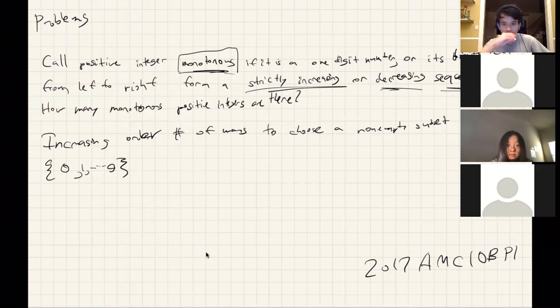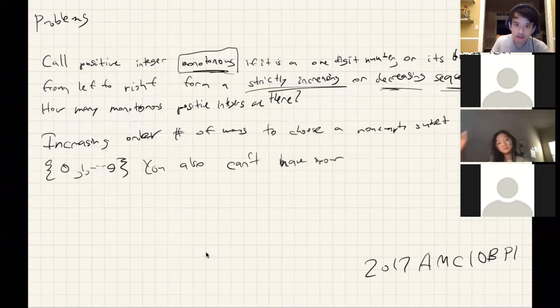So if you want to choose a non-empty subset of the digits 0 through 9, you also can't have your number be 0.